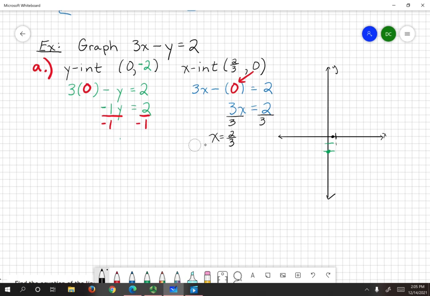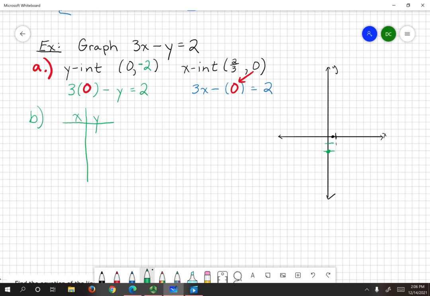Not impressed with that. So let's go ahead and plug some points in and hope that we get some numbers that are not fractions. So remember, B is plugging points in. And I often will graph lines several different ways because I always like to check my work.